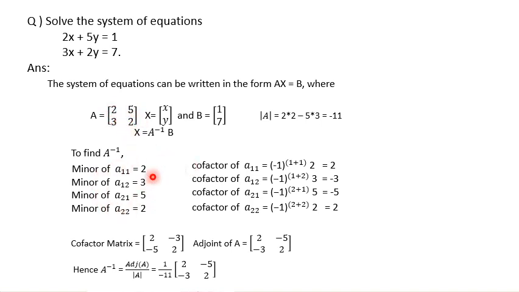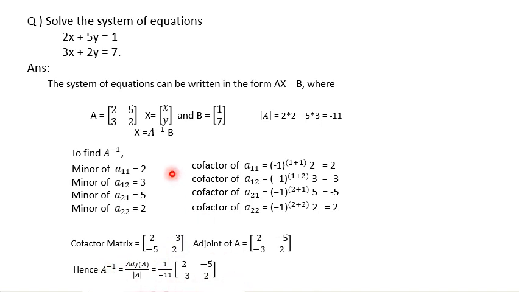Then from these minors, we find the cofactor of each element using the formula minus 1 raised to i plus j into minor of Aij. After that, we write the cofactor matrix. Then the transpose of the cofactor matrix is the adjoint matrix. Then A inverse is adjoint of A divided by determinant of A. So, in that way, we can find the inverse of A.